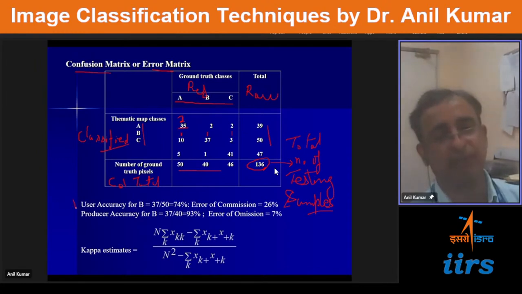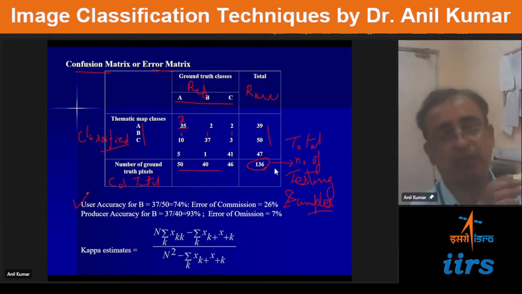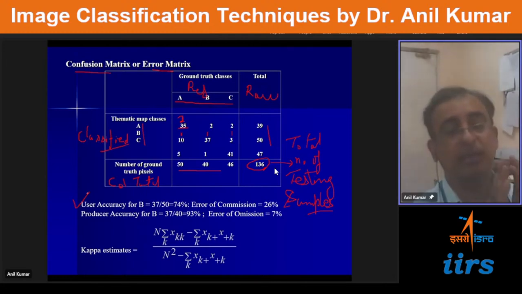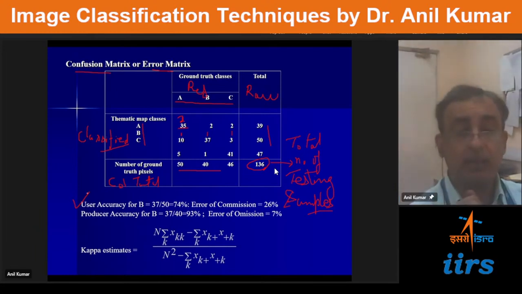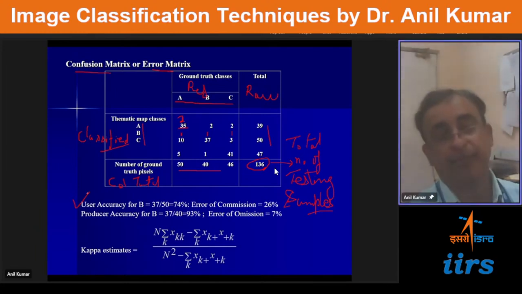First is user accuracy. User accuracy means how correctly my testing samples are on the classified image. Please remember the definition of user accuracy: how correctly the sample is classified on the classified map.